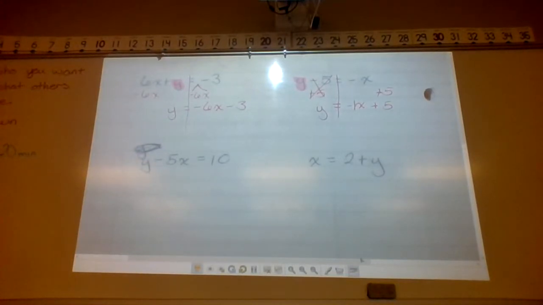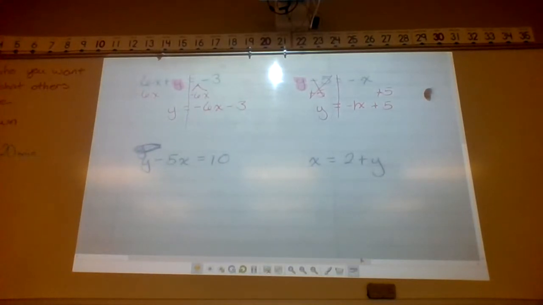All right, you guys feeling a little bit better? Do you have to be careful how you solve it? Yes. That negative 5x, is it with the x? Yes. So can you combine negative 5 and 10? No. That one would have turned into y equals 5x plus 10.